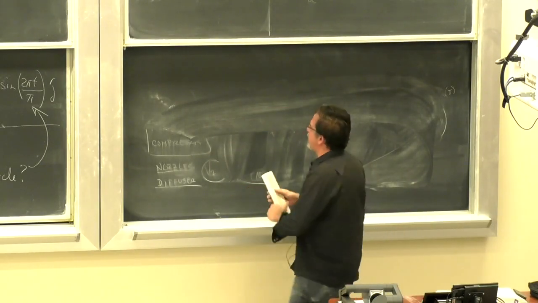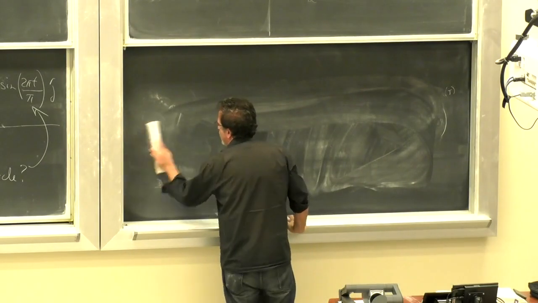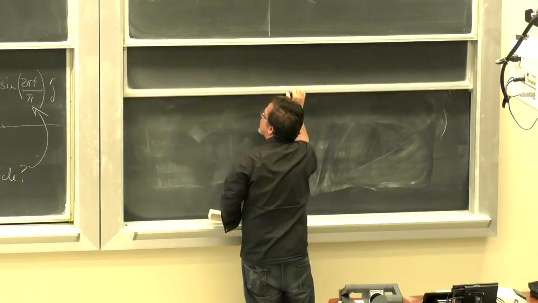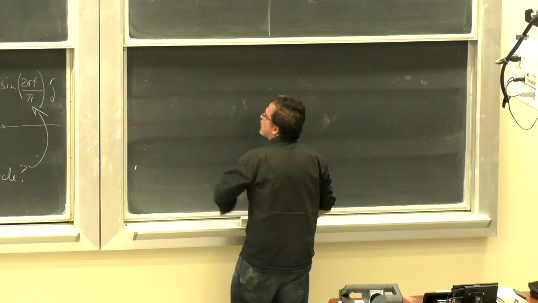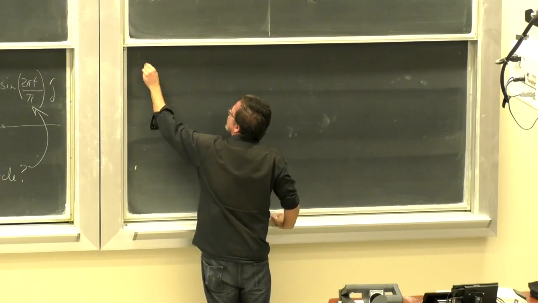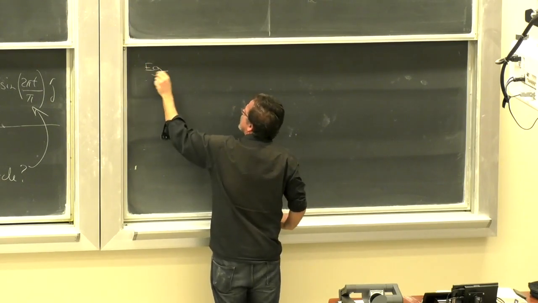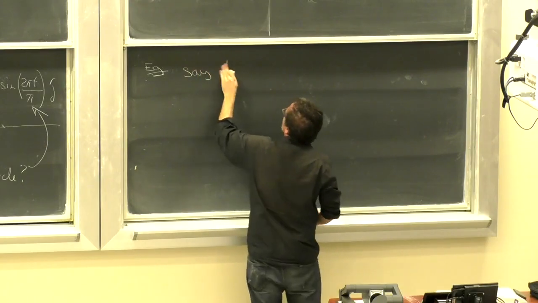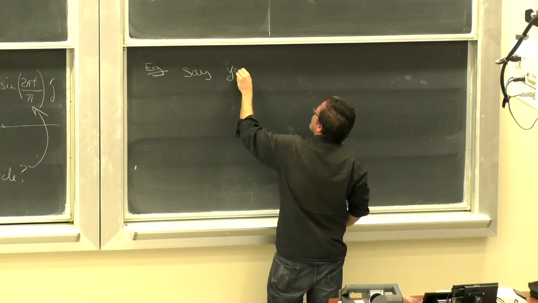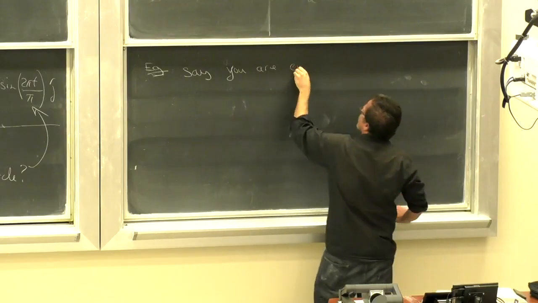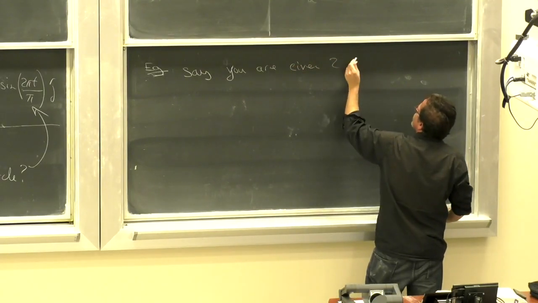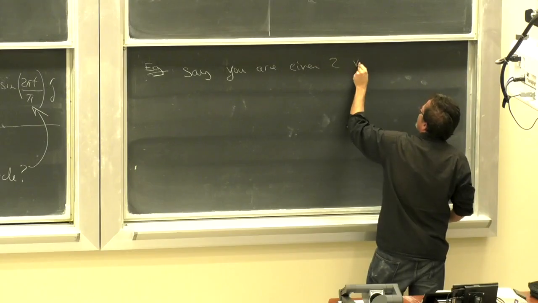Let's just do some basic operations on vectors that are functions of time. So, e.g., these are just the rules. Say you are given two vector functions of time.